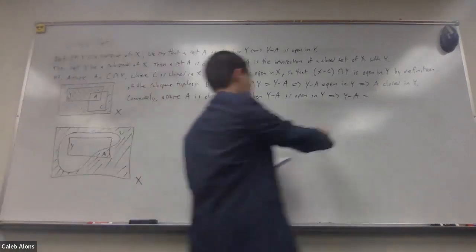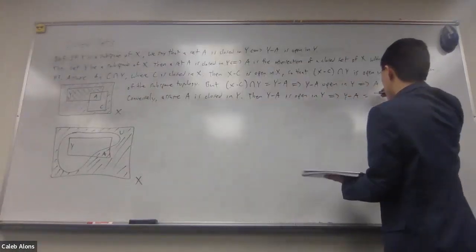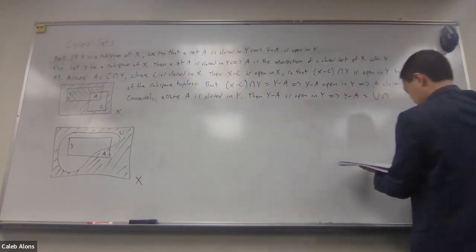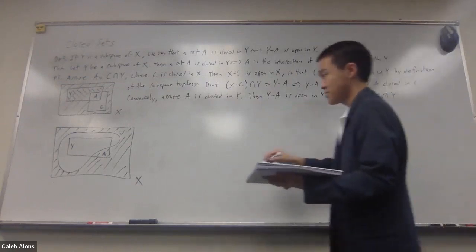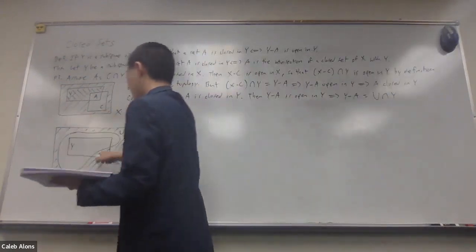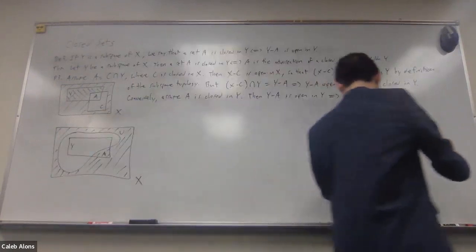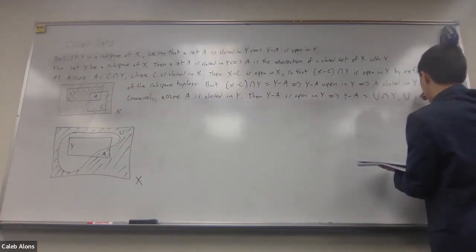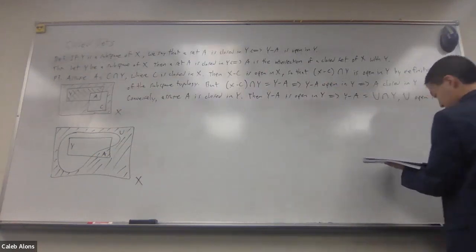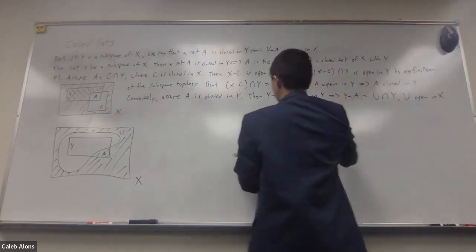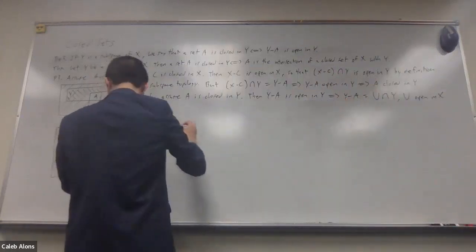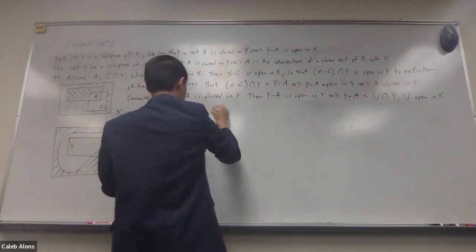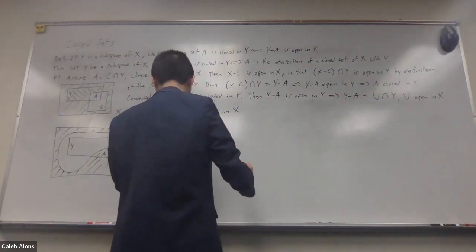Okay. So Y without the A is we're intersecting this open set with the subspace, where U is open in X. And so X without the open set is closed in X by definition.